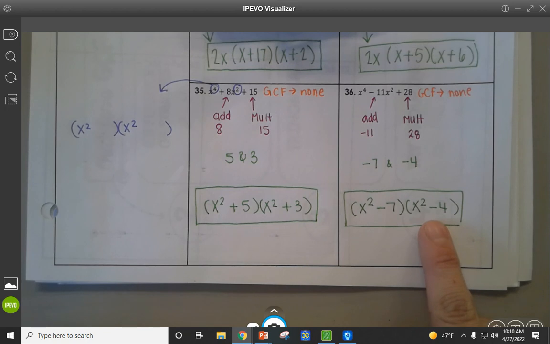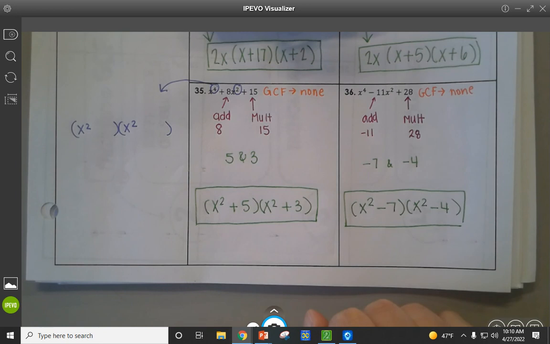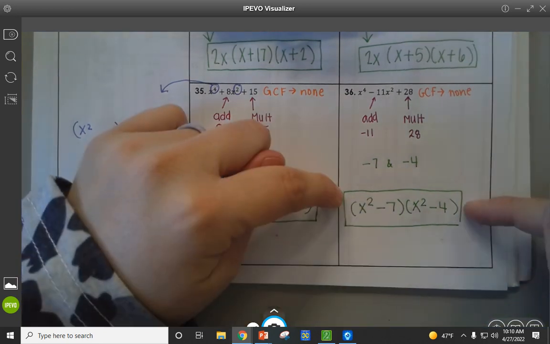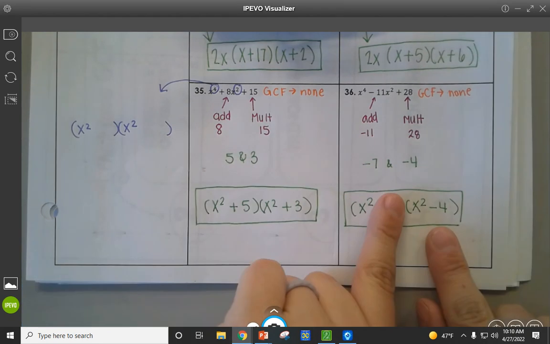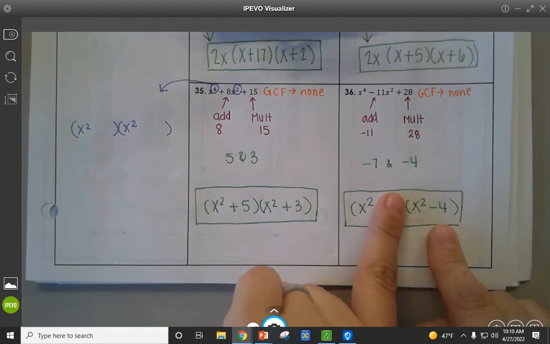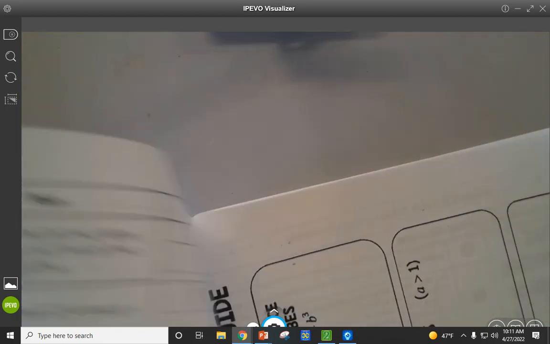This is a difference of squares, so we can make it x plus 2, x minus 2. We're not going to do that right now. We will get to some examples later where we can factor something again. So this one is technically a difference of squares, but we're not going to worry about that just yet.